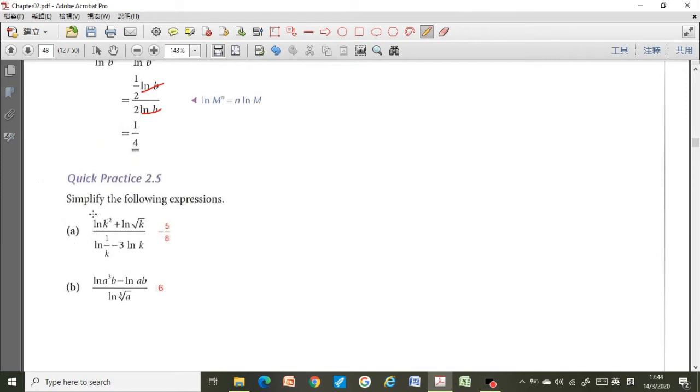Let's show this one. Here you will find that this is the expression, so you find that all are natural log, so you will write down like this. If you do it in a quick way, it is 2 log k, 2 log k plus 1 over 2 log k in the numerator divided by negative log k. Why?